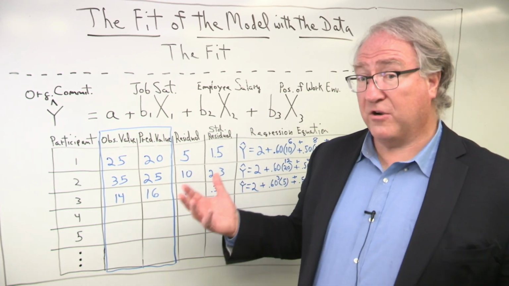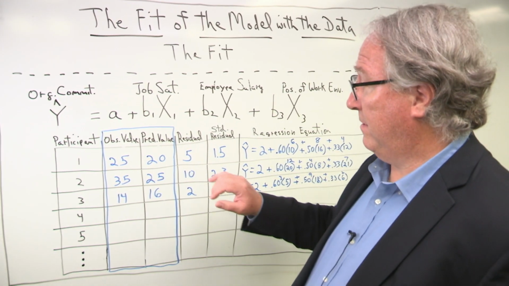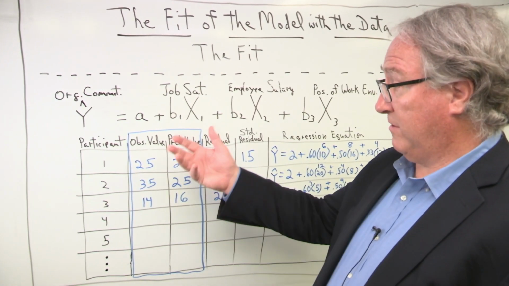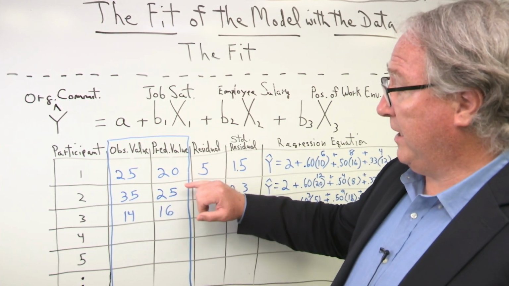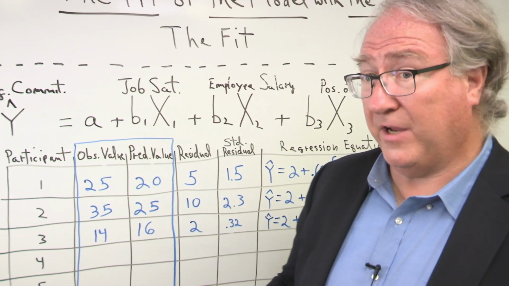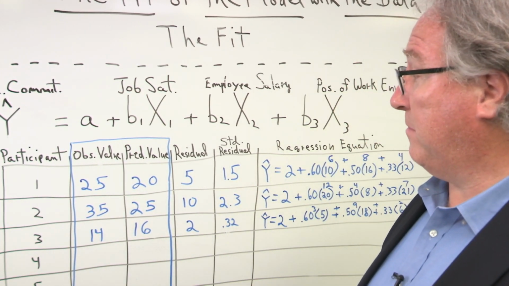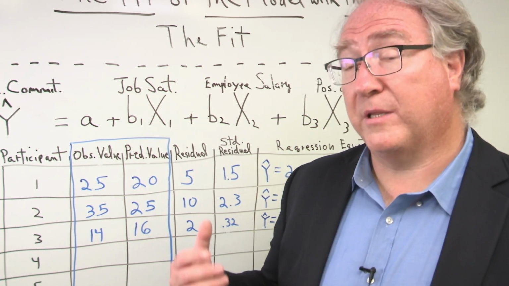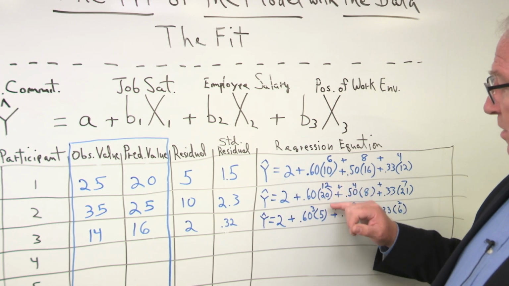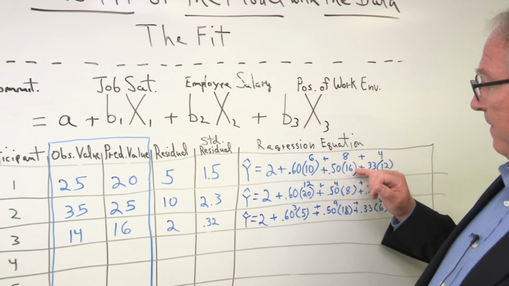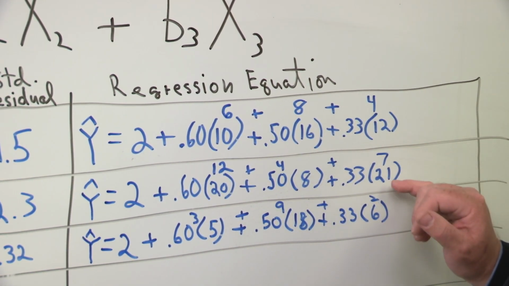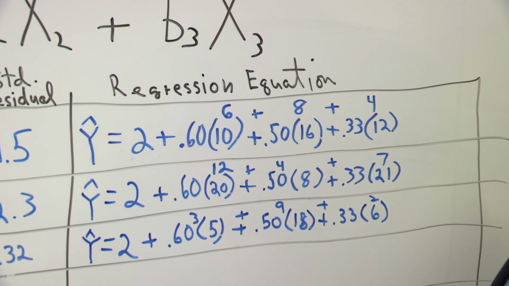What's creating that variance in the predicted values coming out of the model, now looking across our first 3 participants, 20, 25 to 16, so that variability or variance in the predicted values coming out of the model are person scores on the predictor variable measures. 10, 20, and then 5, 16, 8, and then 18, 12, 21, and then 6.